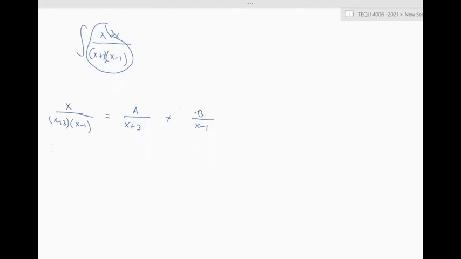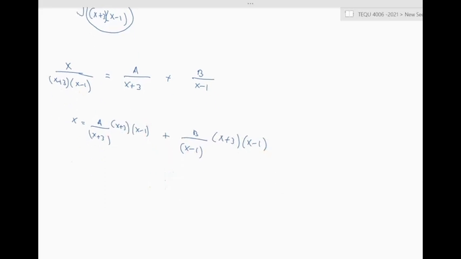To do that, you multiply the whole thing by the denominators, so you end up here with x equal A(x plus 3)(x minus 1) over (x plus 3), plus B(x minus 1)(x plus 3) over (x minus 1).